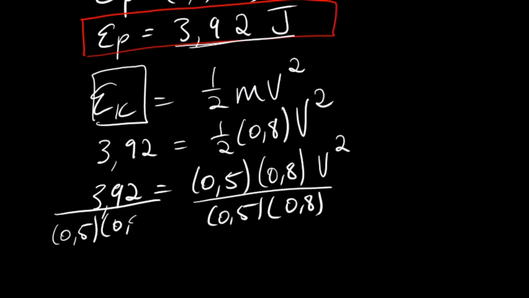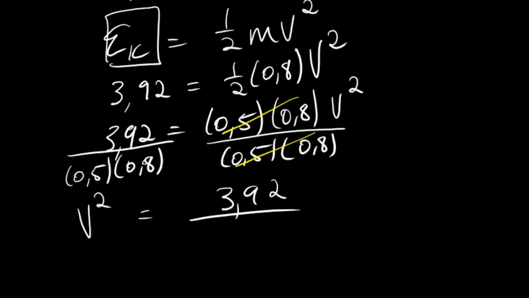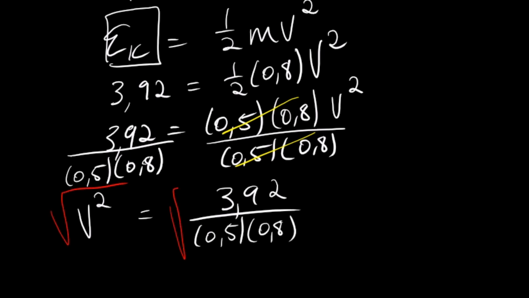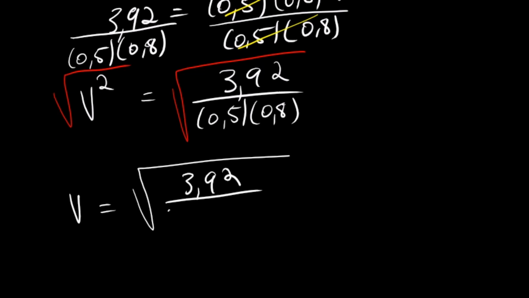Then this will result in 1 multiplied by v squared, it's v squared, equal to 3.92 all over 0.5, 0.8. Then I simply square root both sides. I end up having v is equal to square root of 3.92 over 0.5, 0.8. Then I simply punch this on a calculator.